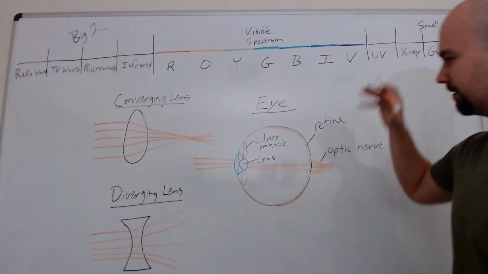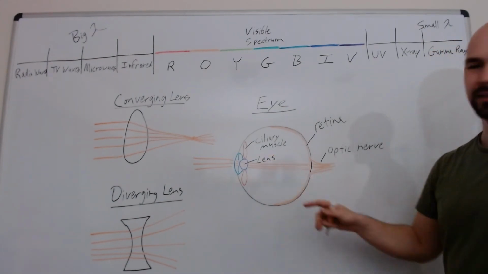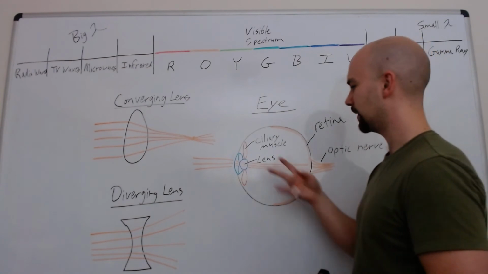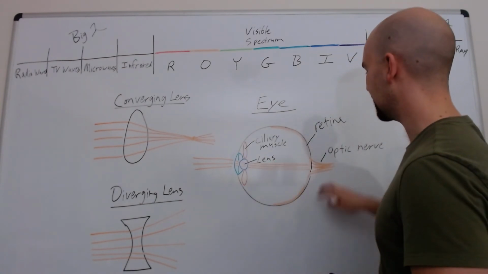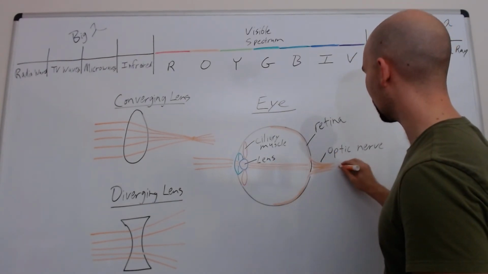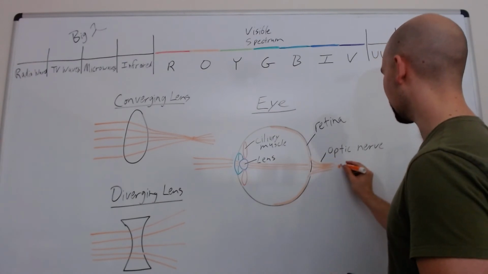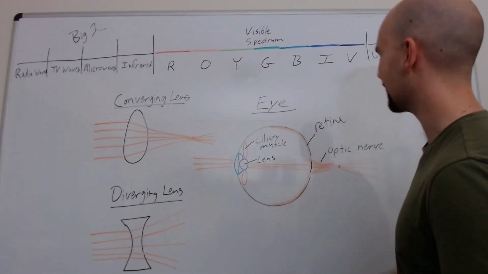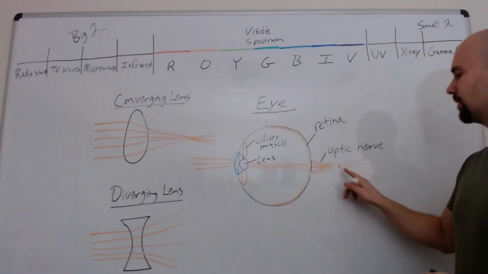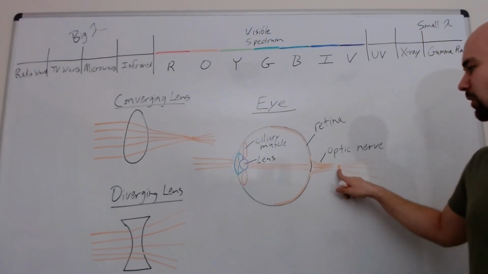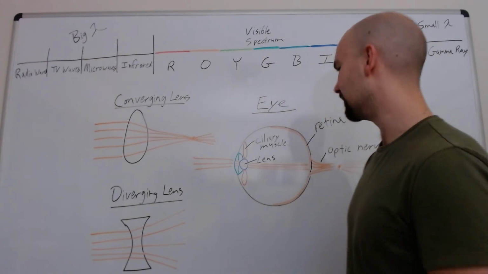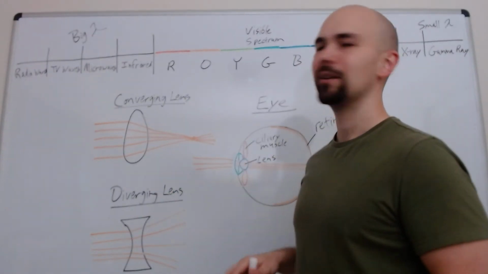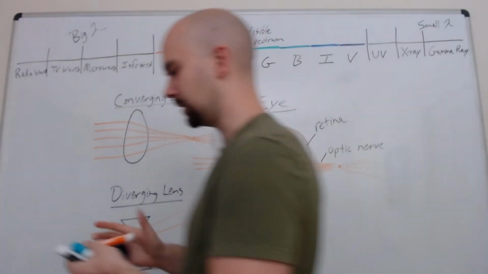The light isn't converging enough as it goes through your lens, because maybe your ciliary muscles have just gotten tired of creating that particular shape of the lens that's going to help you see, and instead the focal point would be somewhere over here if the light all converged, if you didn't have a retina to stop it. So you're not going to see very clearly if the focal point would be out there. So what you need then is a converging lens. Now a converging lens, let's go a little bit into this.